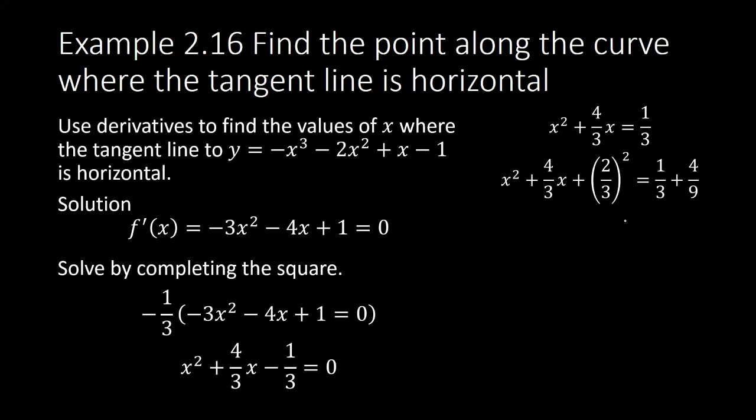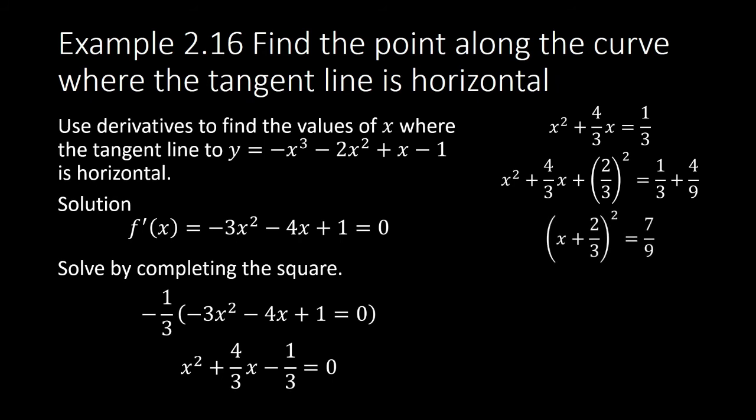You will square it and you will add it to your terms. So x squared plus 4/3 times x plus the square of 2/3 is equal to 1/3. Of course, you will also add the square of 2/3 on the right side. And the square of 2/3 is equal to 4/9.